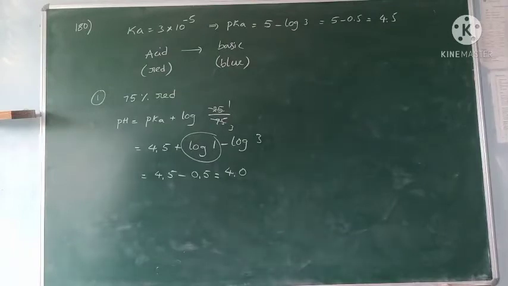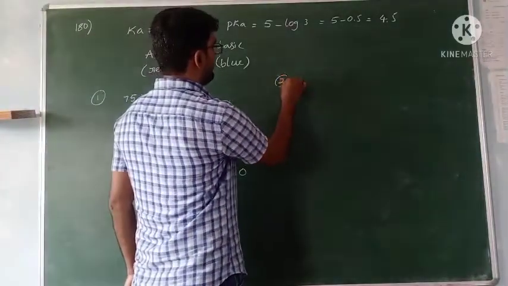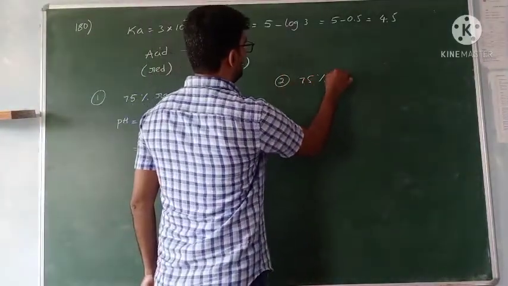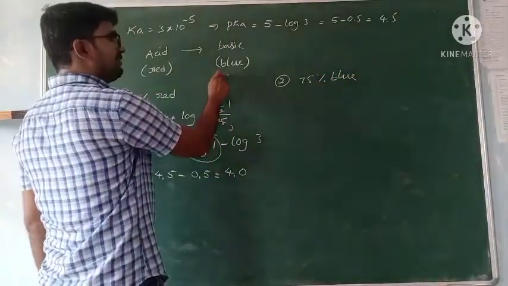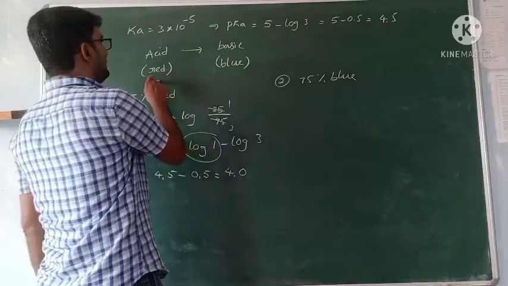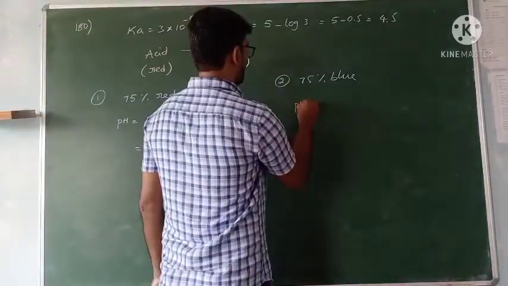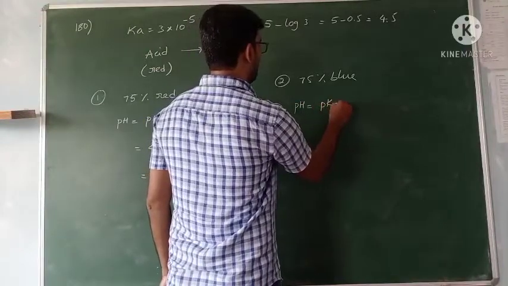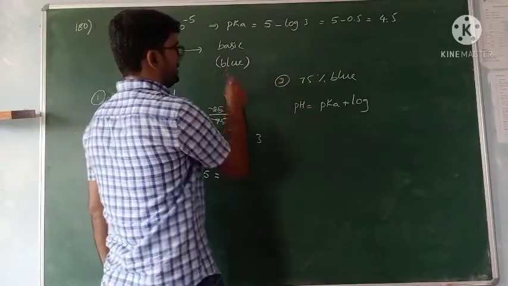Now check the second option also. In second option, 75% blue. 75% blue means this is 75, then reactant is 25%. Now calculate. pH is equal to pKa plus log product, how much? 75.